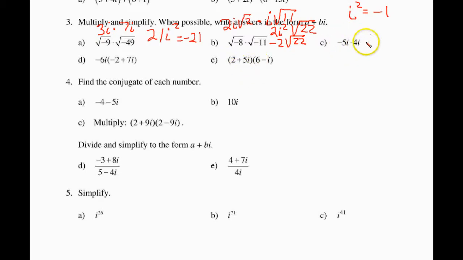Now, if it's like this already, it's not under radical signs, we can just say negative 5 times 4 is a negative 20. i times i is i squared. And what did we say i squared was? A negative 1. So this is going to equal a positive 20.